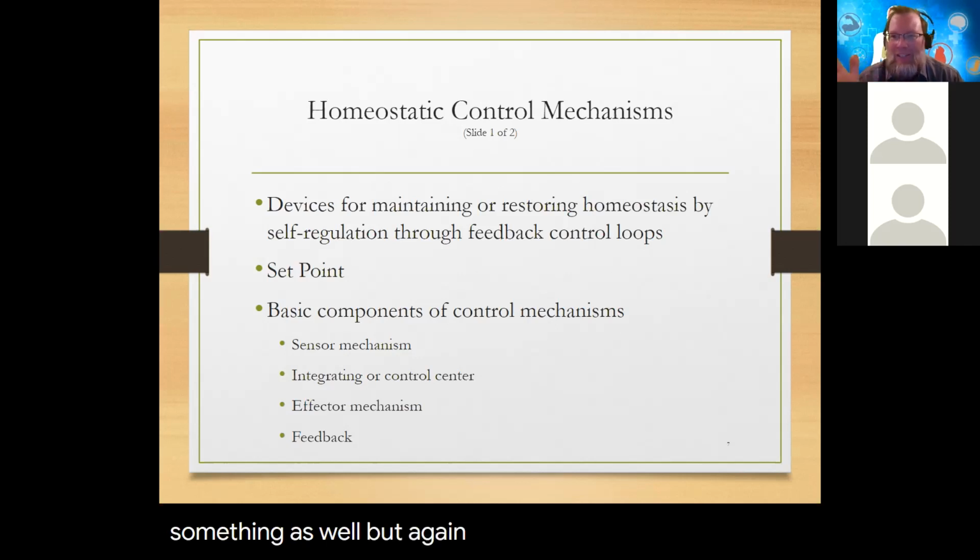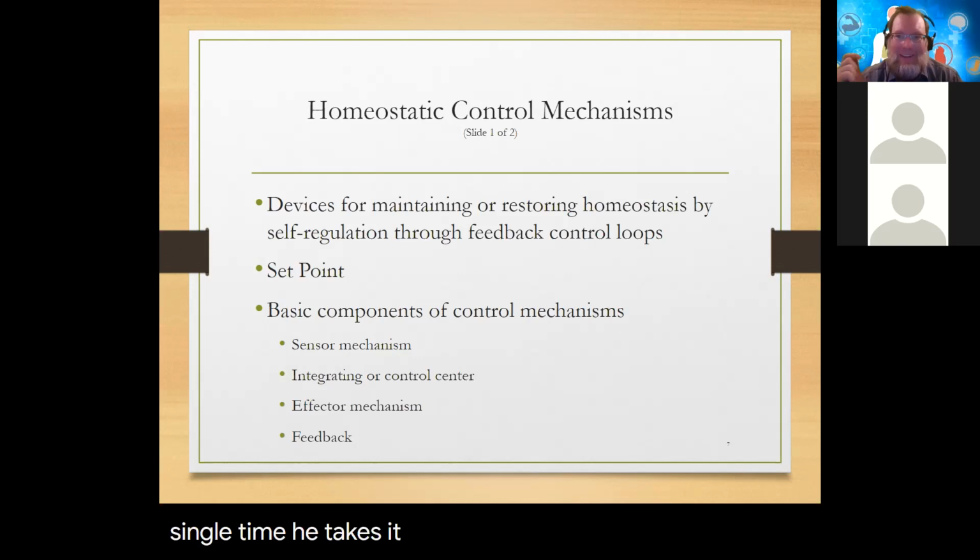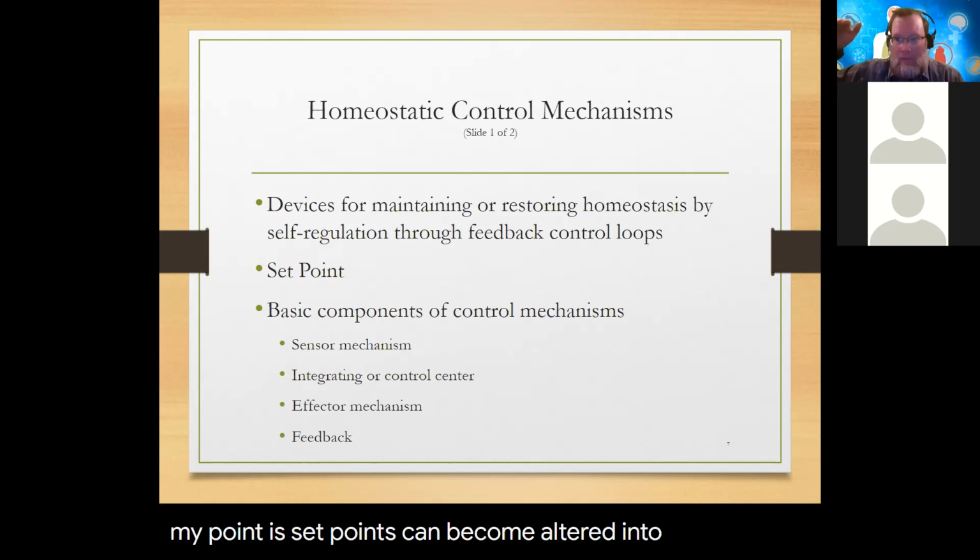But again, if he goes home and it's 140 over 90 every single time he takes it, or it's high like that every single time he takes it, he has a new set point. So my point is, set points can become altered into ranges that we don't like, what we call abnormal ranges.